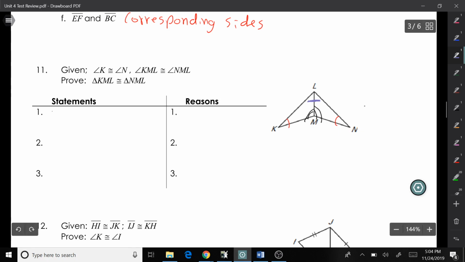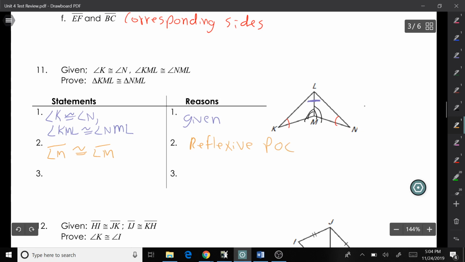So the given, and then angle K. That's given. Then we have LM is congruent to LM. That's a reflexive property of congruence.